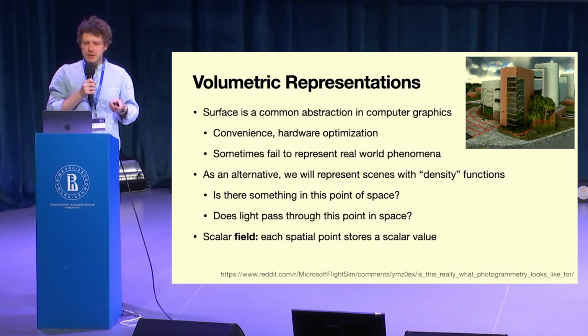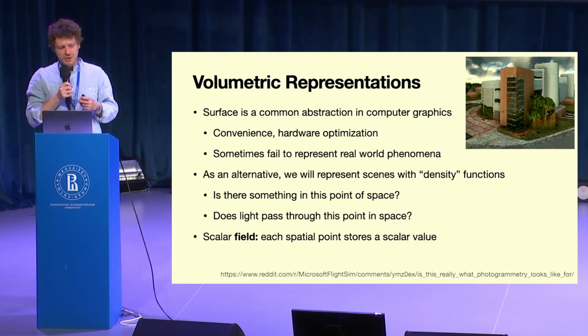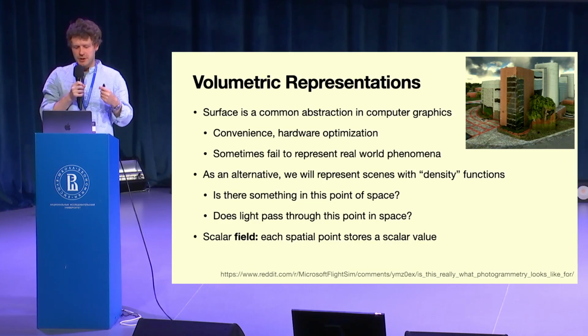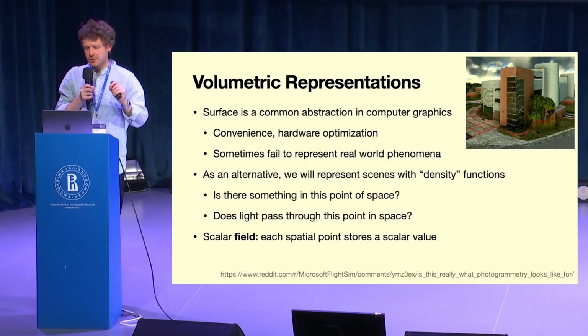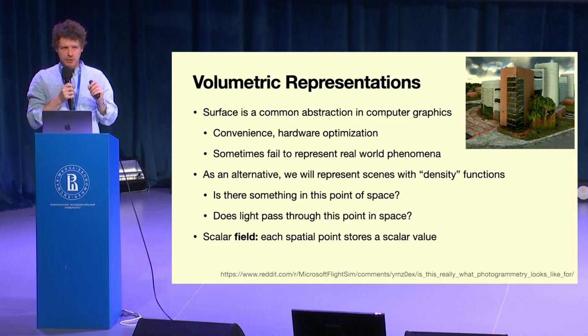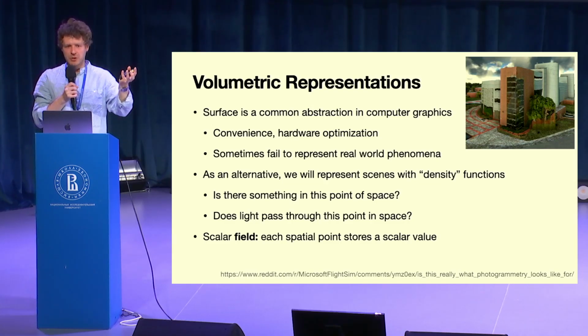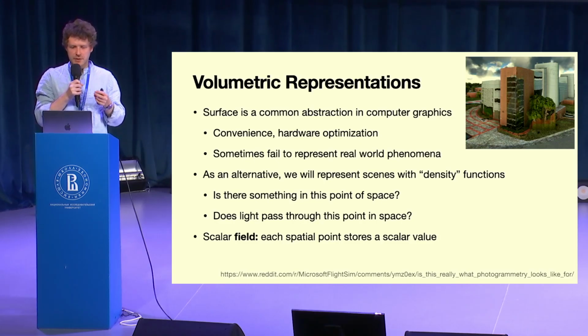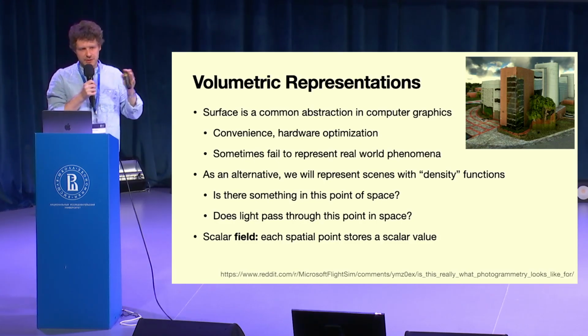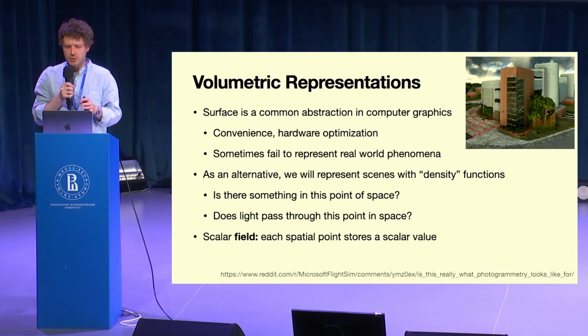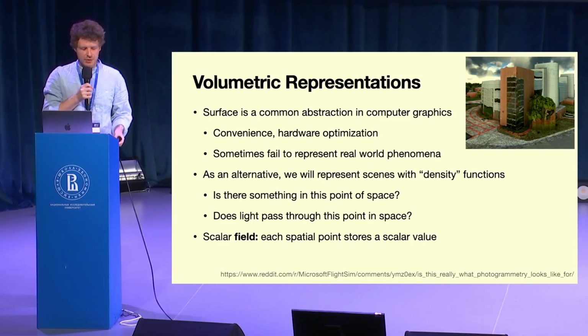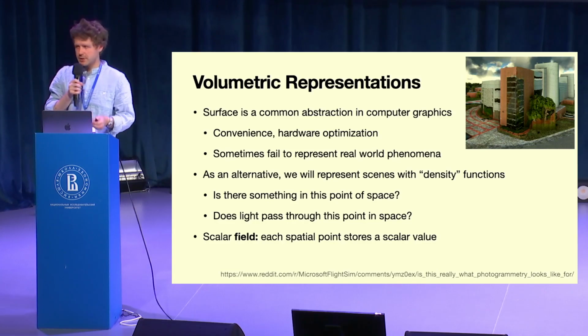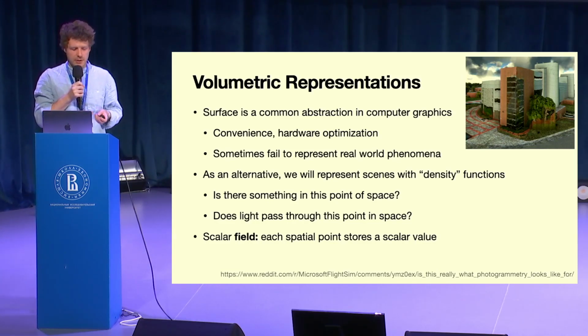The density, from the physical viewpoint, will represent the amount of light that passes through this point in space. For example, if we're talking about air, air allows light to pass without any problems. But rigid surfaces, such as this desk, do not allow light to pass, and will have high density.